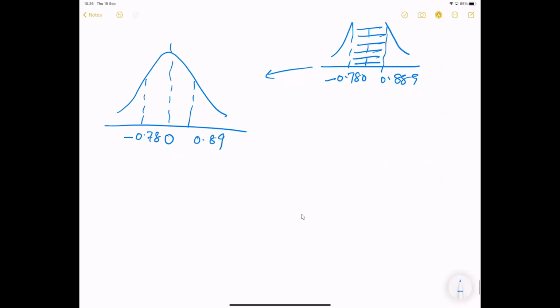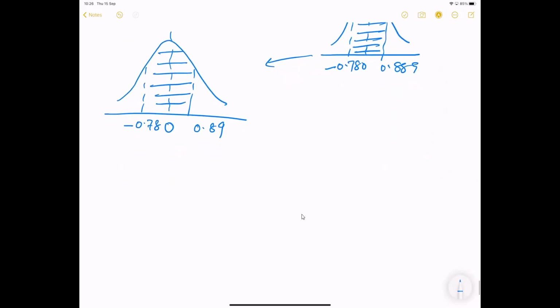We want to find this area. But in the standard normal table we have left-sided area. So up to this point, we can find the probability.